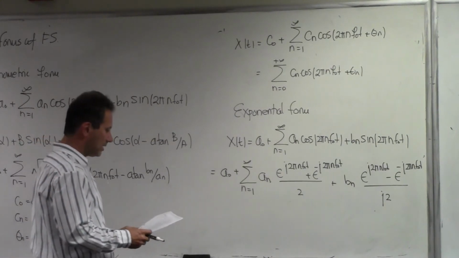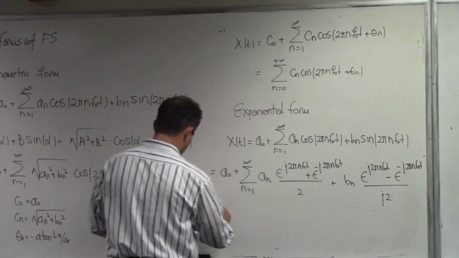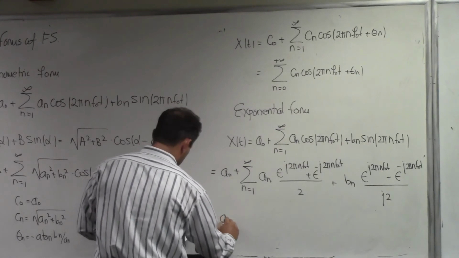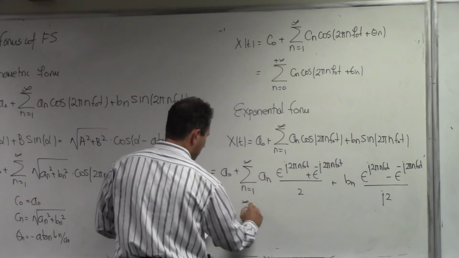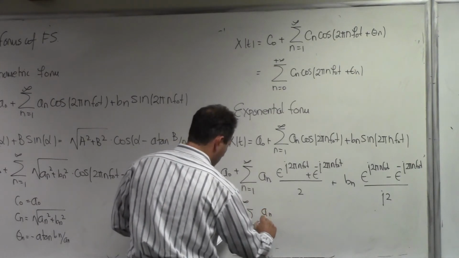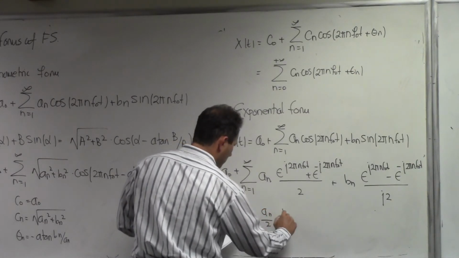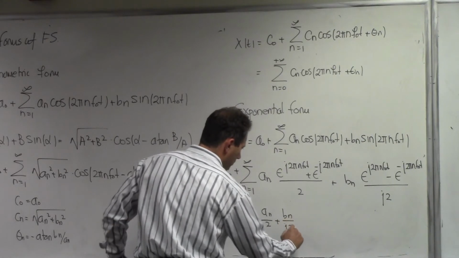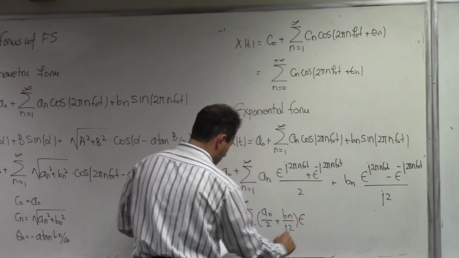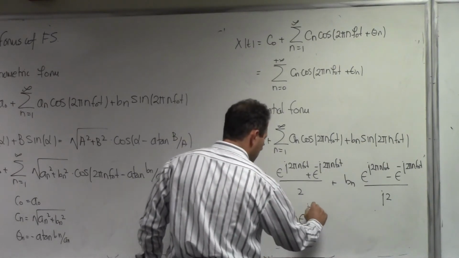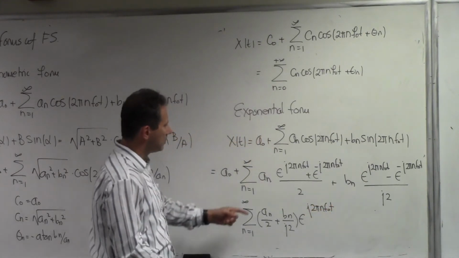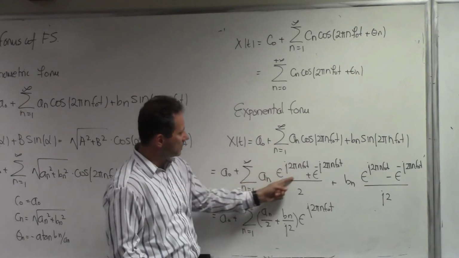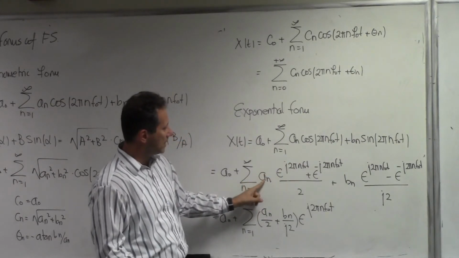But at this point, I can start reorganizing this formula. And I can say this is a0 plus sum when n goes from 1 to infinity, an over 2 plus bn over j2 times e to the j 2 pi n f0 t. What is it that I'm doing? I'm grouping everything with this exponential here. From the first sum, I have an over 2.